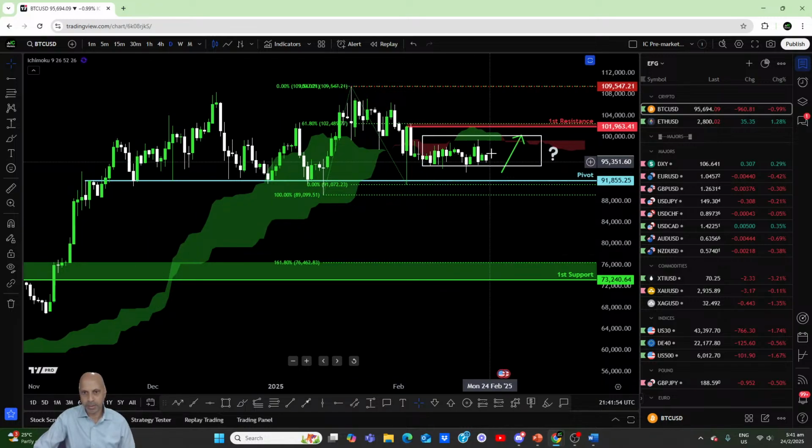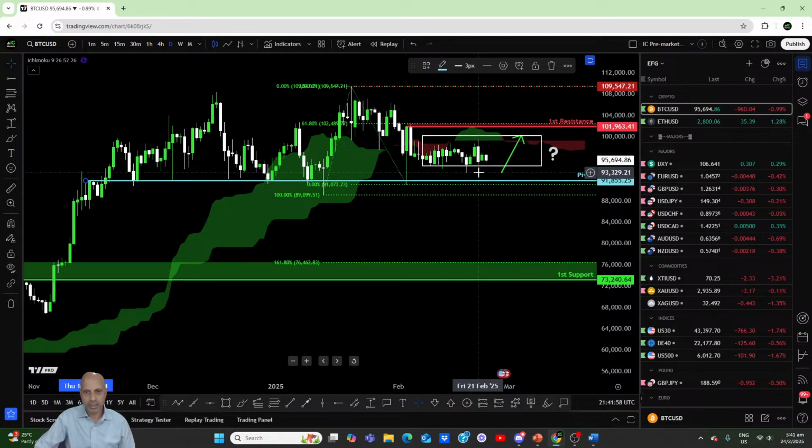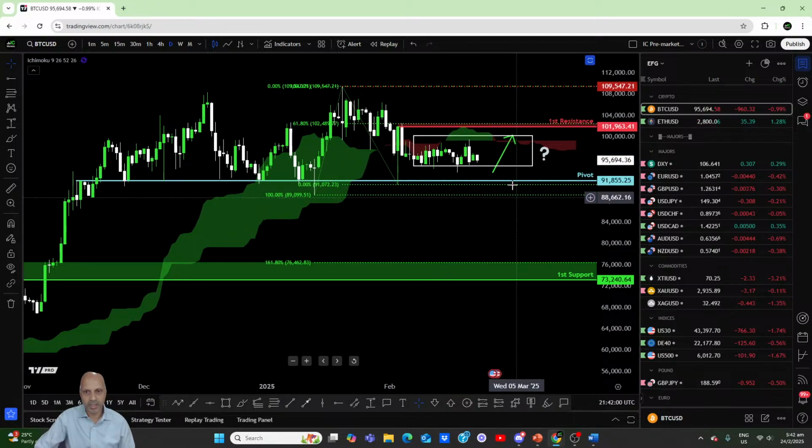Right now, should we see Bitcoin break out of this box, should we see it break out of this sideways channel, it is very likely going to stabilize at the pivot, which is the overlap support at 91,855. And this may be a better opportunity to go long on Bitcoin for a slightly longer time frame, right?